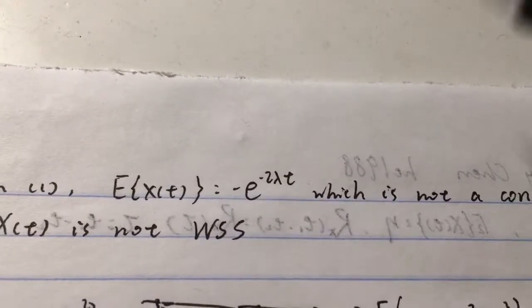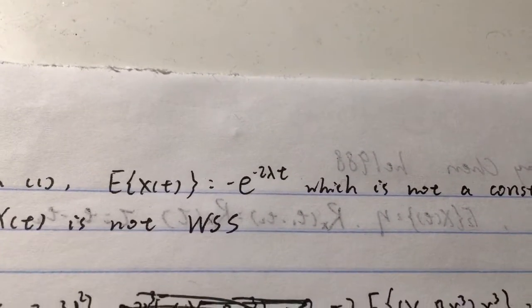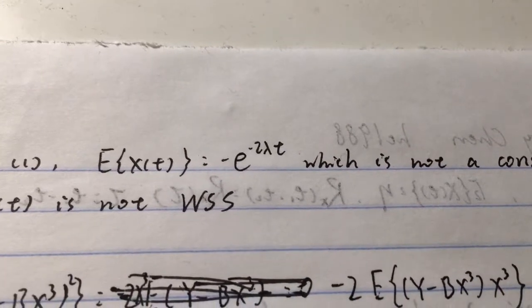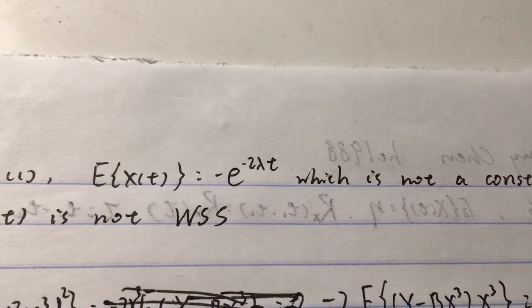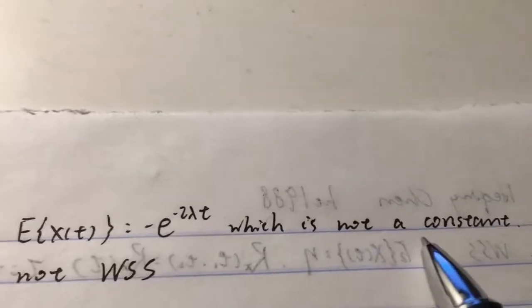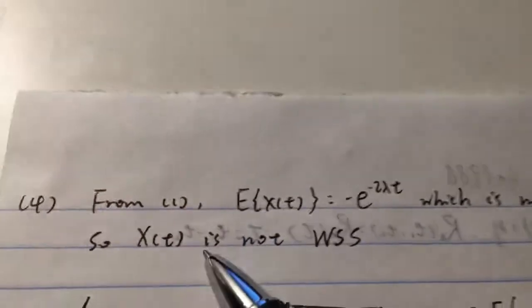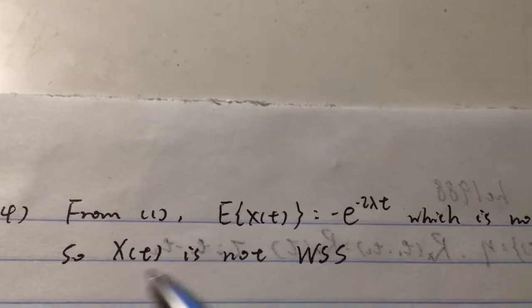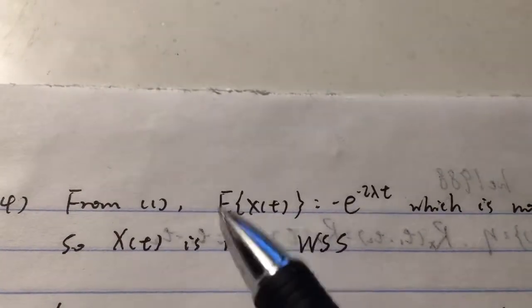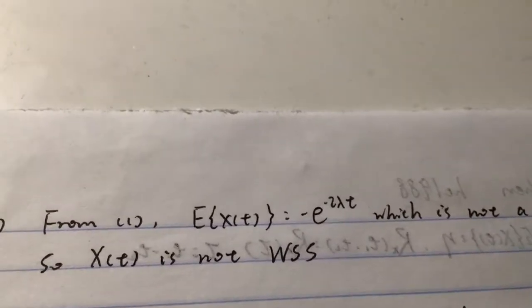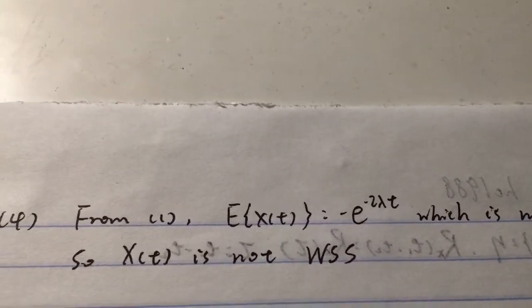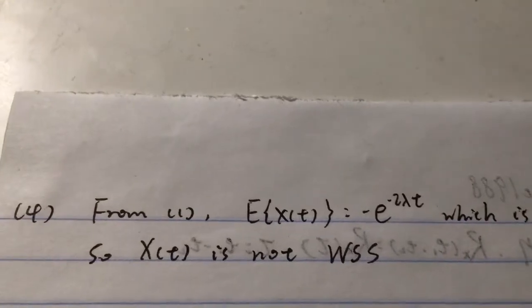It's not a constant. So for this X(t), it is not wide-sense stationary. That's the whole thing of this problem.